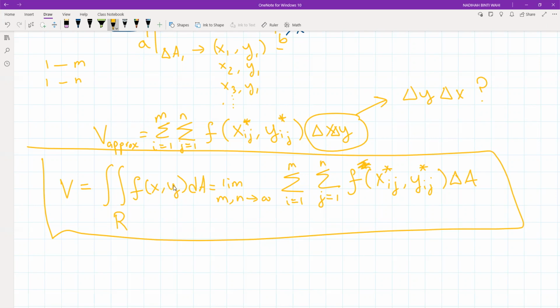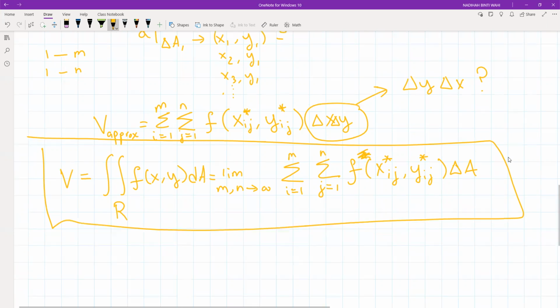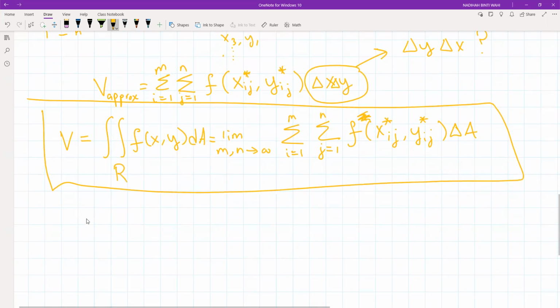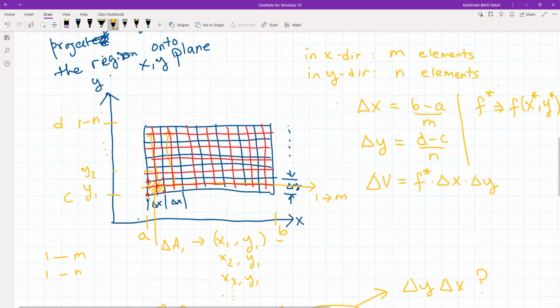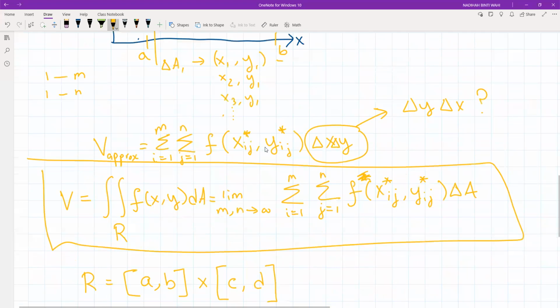All right. So definition dia apa? So the closed rectangle yang kita nak adalah, R in this case is the rectangle. So this is just a region of A and B covered by C and D. So that's the region for this rectangle. Kalau awak ingat, this is A and B, and then C to D in Y direction.